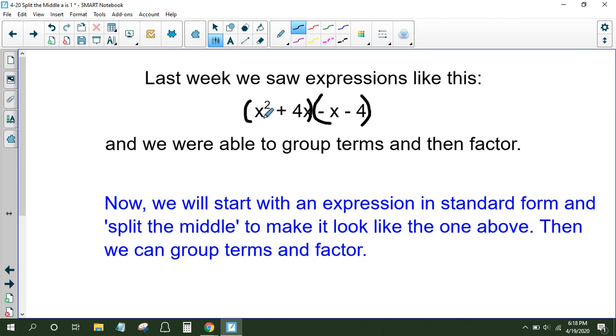Then we factored out the GCF of each of the two sets of parentheses, and then we put our GCFs together and were left with our factored form. So last week, this idea of splitting the middle was already done for us. Now we're going to learn how to do that for ourselves.